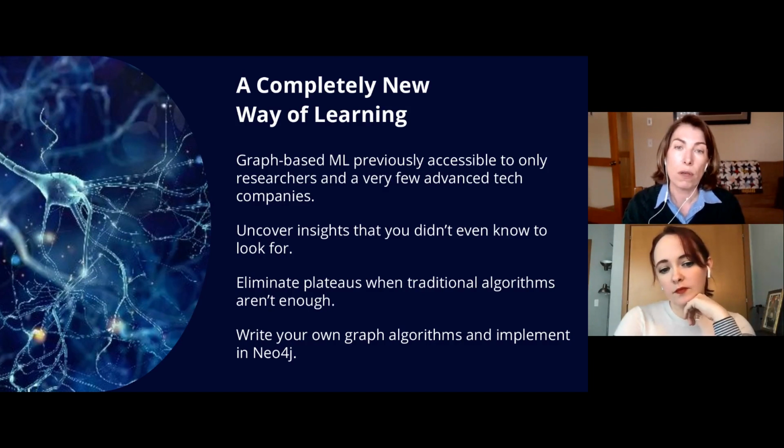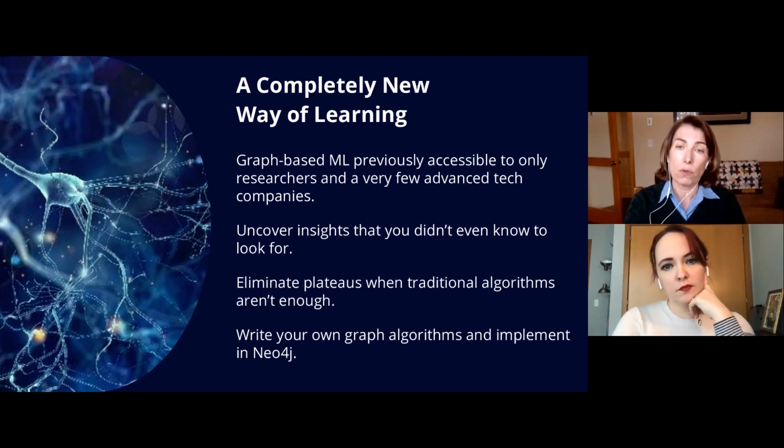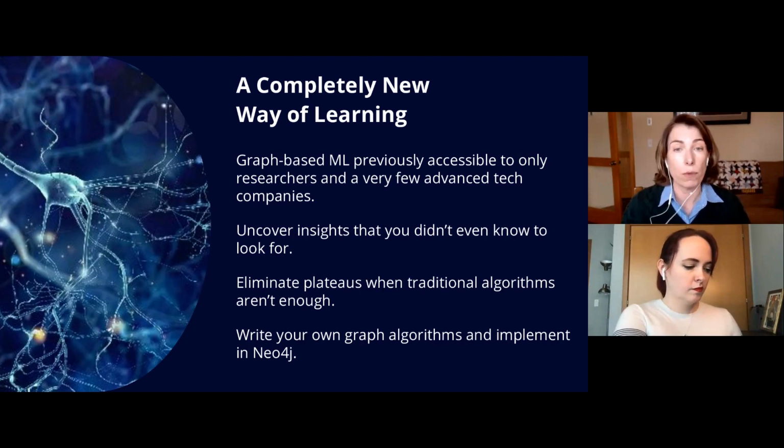So giving people a way to do graph native machine learning in a commercial tool that's accessible is a big deal, because you can uncover things that you didn't even know to look for, that you weren't sure which algorithm to choose because nothing seemed to fit. It may eliminate plateaus when you're using traditional graph algorithms that you're familiar with but weren't getting the same predictive quality, or you want to improve beyond what you're already seeing. And then, of course, writing your own algorithms so you can tailor and customize things to your own needs.